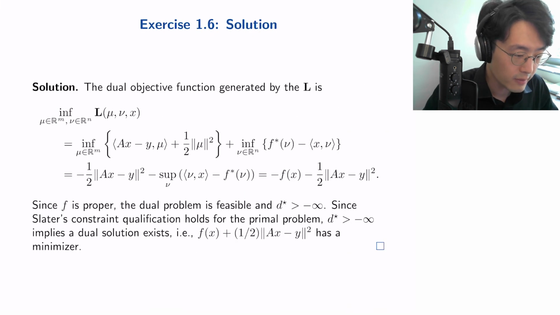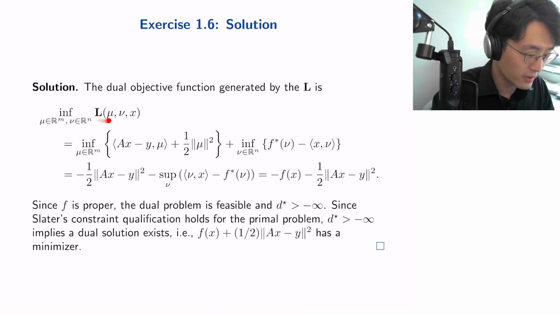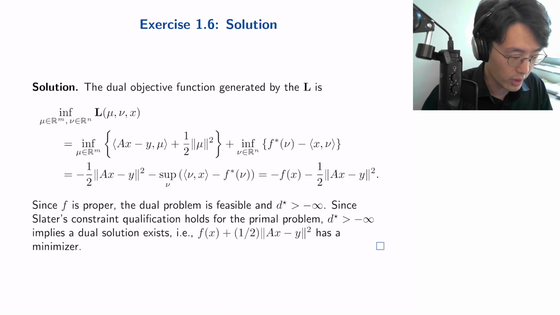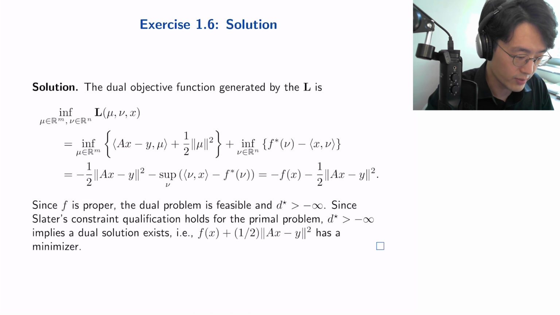Let's solve this problem. So the dual problem that's generated by this Lagrangian is given by, well, we take the Lagrangian, we minimize with respect to mu and nu. And when we do so, the Lagrangian splits into two terms, one term that depends on mu, the other term that depends on nu. So we perform this minimization with respect to mu to get this quadratic.